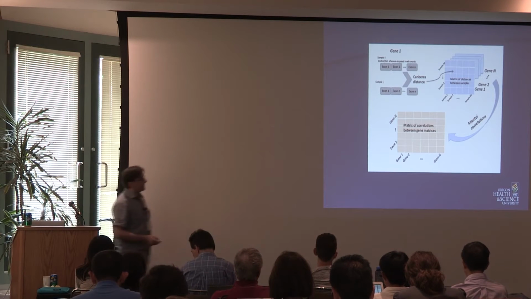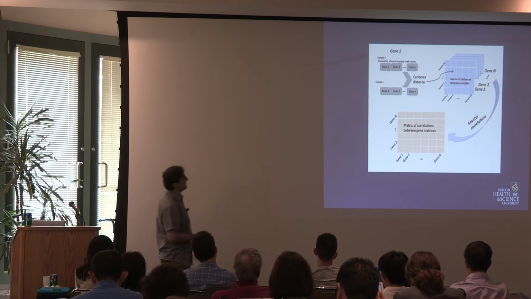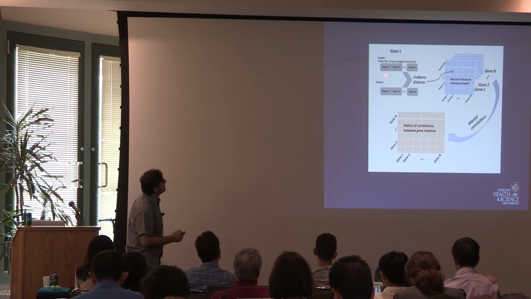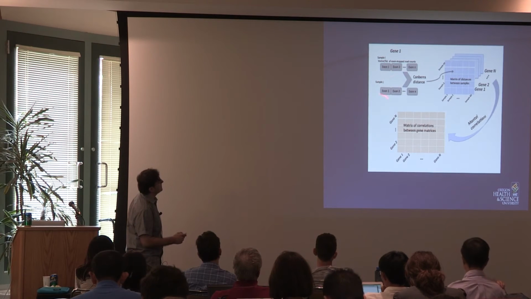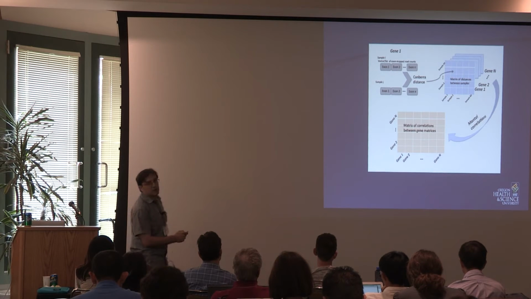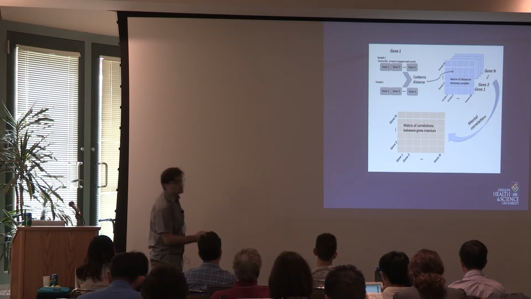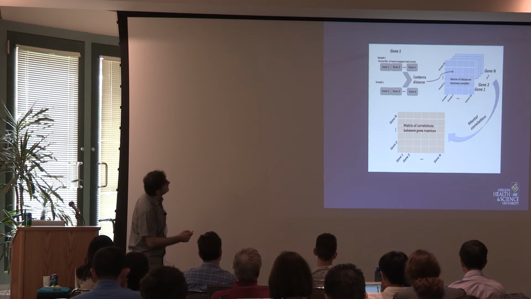So now let's get back to our RNA-Seq data set. You have one gene, you measure the exon levels, you use the Canberra distance, and you produce this matrix for one gene. You repeat the process for all the genes that you included in your analysis. So now you end up with n genes.